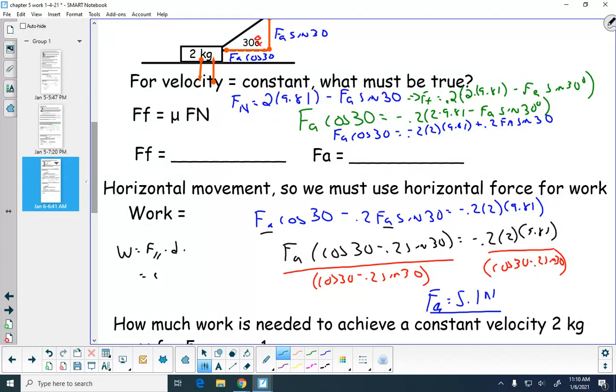So we have 5.1 cosine of 30 times a value of 5. So you should come down to 22.2 joules.